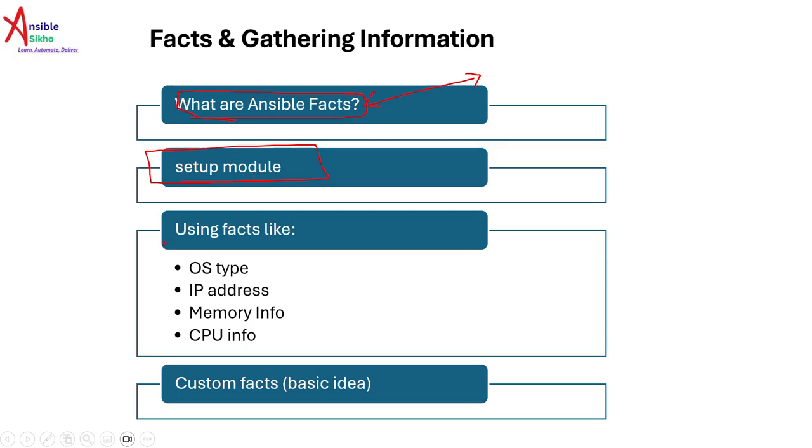Facts like OS type, IP addresses, memory information, CPU information, all of this will be available in Ansible facts, and many more. We will see that. We can also write our own custom facts, and we will see writing and accessing custom facts as well.